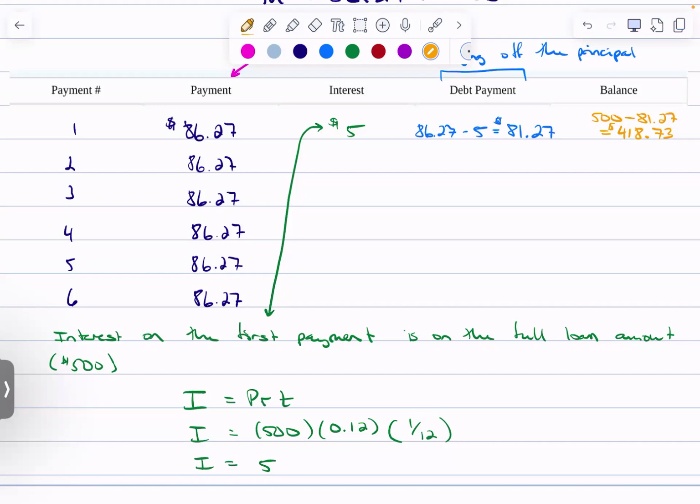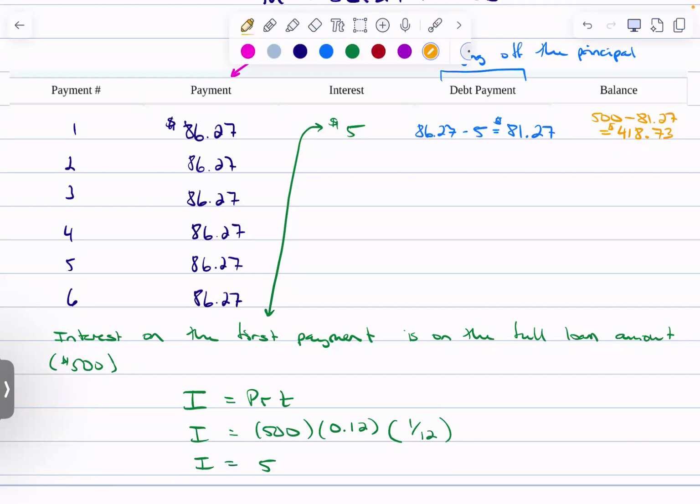Now you can do it again, but the change is that now you owe $418.73 instead of $500. And so now you're paying interest on $418.73, right?